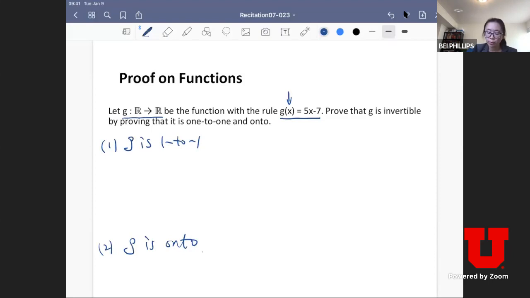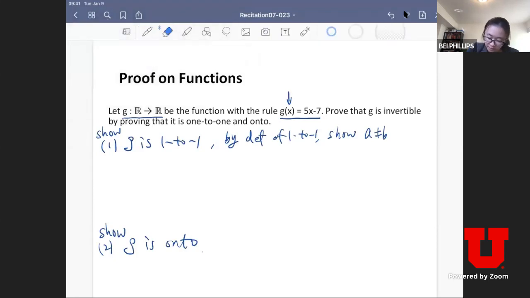So for g to be one-to-one, let me use the original definition, we want to show that if g(x) is equal to g(y), then x is equal to y.